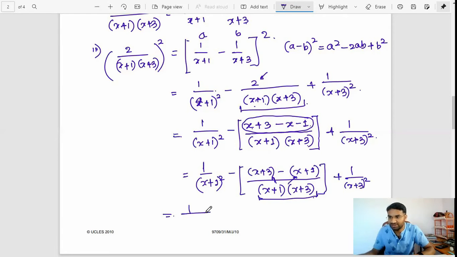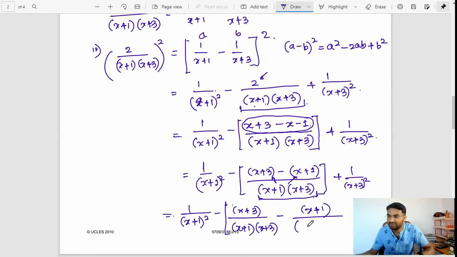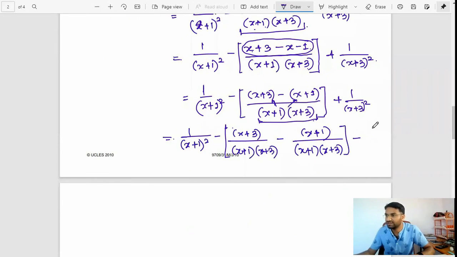Look here, I will do it. (x plus 1) squared minus this bracket, x plus 3 divided by (x plus 1)(x plus 3), minus x plus 1 divided by (x plus 1)(x plus 3). Bracket complete, and we have (x plus 3) squared.